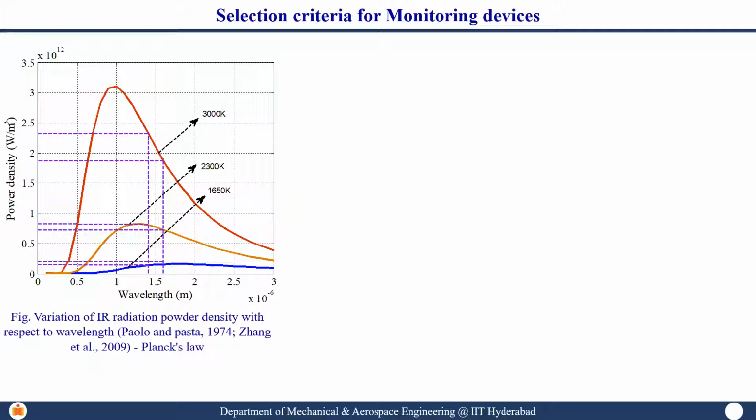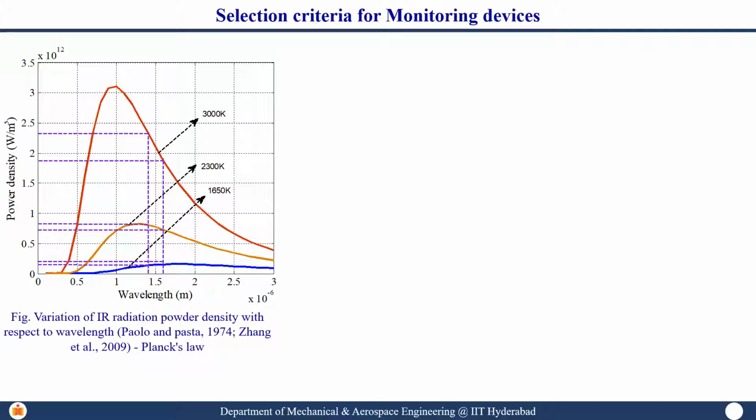Now, how do you select this? That is the million dollar question, because it's not like you go to a store and buy it. In order to select a particular detector, you need to first understand that every element or every object in the universe emits radiation. This is something we know, but the wavelength at which it emits depends upon its temperature.